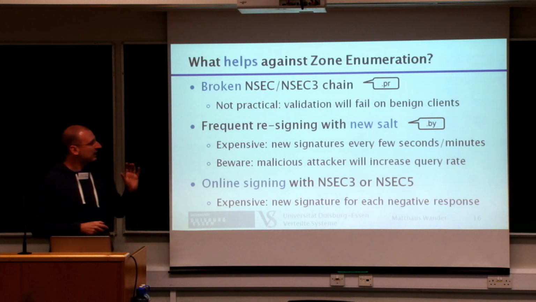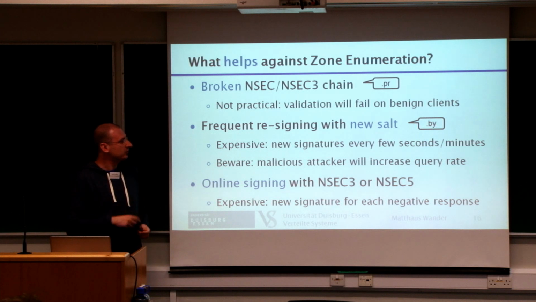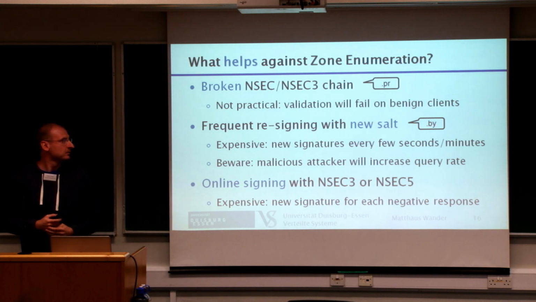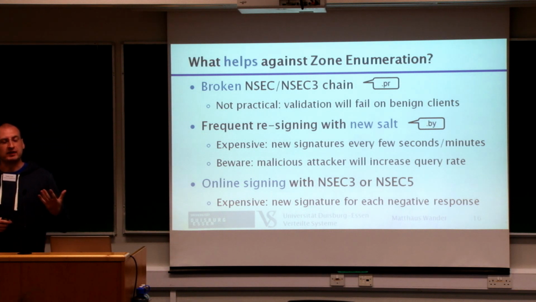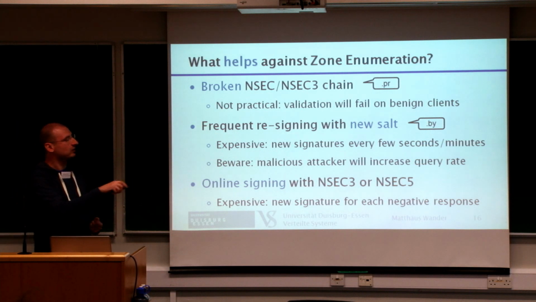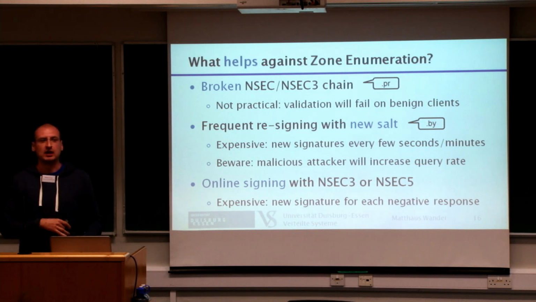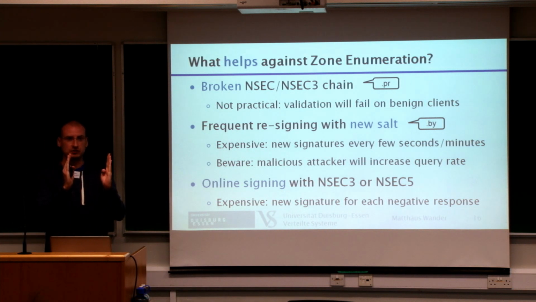Furthermore, there was another top-level domain, .by, which is Belarus, and they have been recreating their signatures every time with new hash values. They have every time updated the salt values, so this will give us new hash values, and they have done this every 10 minutes. So this means I had only a 10-minute window to run zone enumeration.